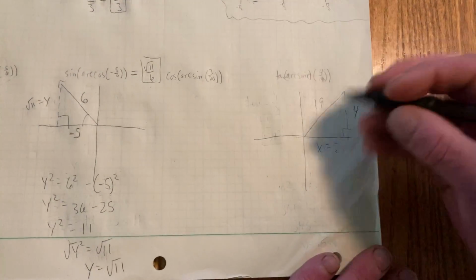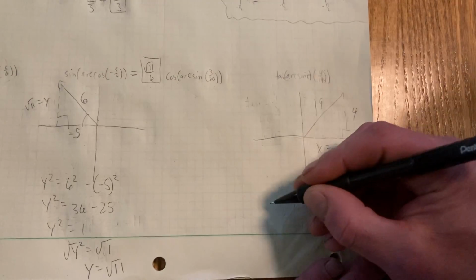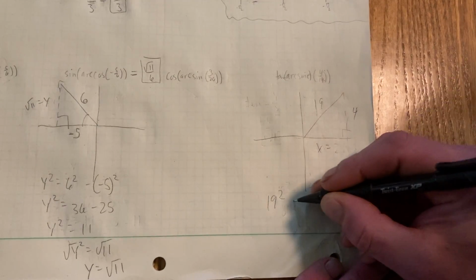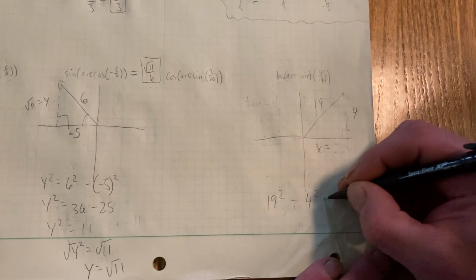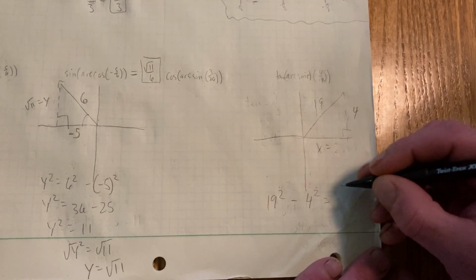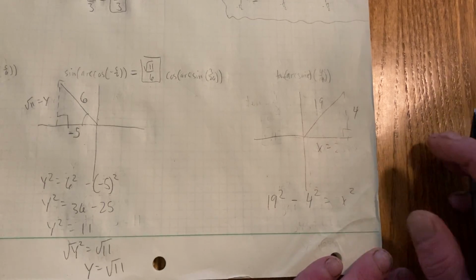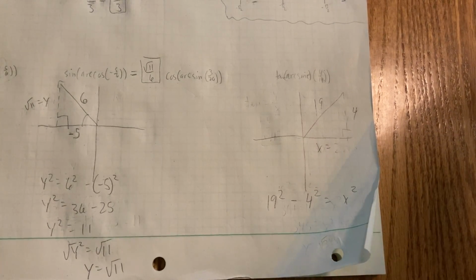So, Pythagorean theorem, 19 squared minus 4 squared equals x squared. And I need my calculator for this.